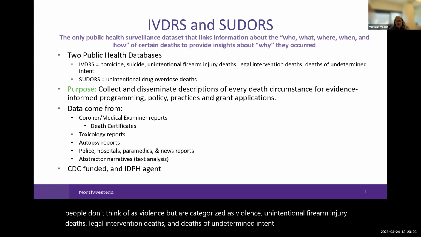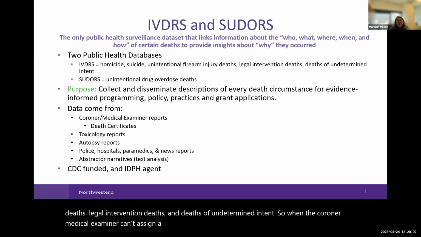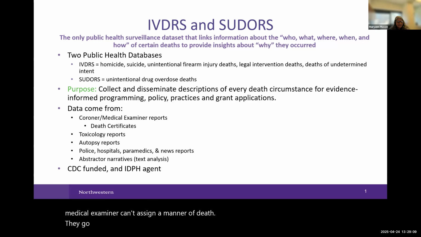So when the coroner or medical examiner can't assign a manner of death, they go into IVDRS. And then SUDORS is all the unintentional drug overdose deaths. So that's from any substance, an overdose death resulting from any substance.